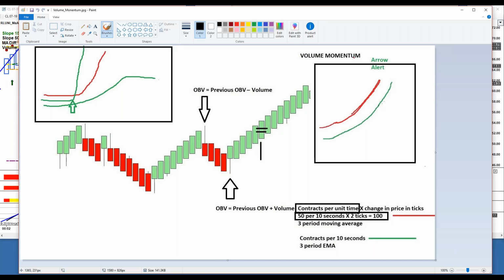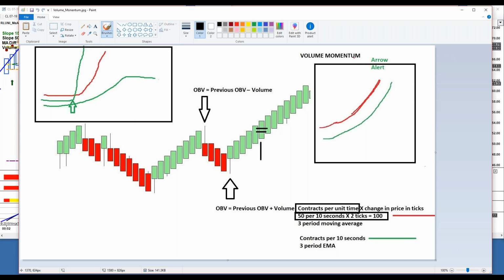We could easily create this line, but I'm telling you, it isn't going to give you really what I think is a look into the institutional trader's mind. I mean, I don't want to call it ESP, but it almost does, because this line, the red line, is the green line multiplied by the change in price in either ticks, cents, or pips.